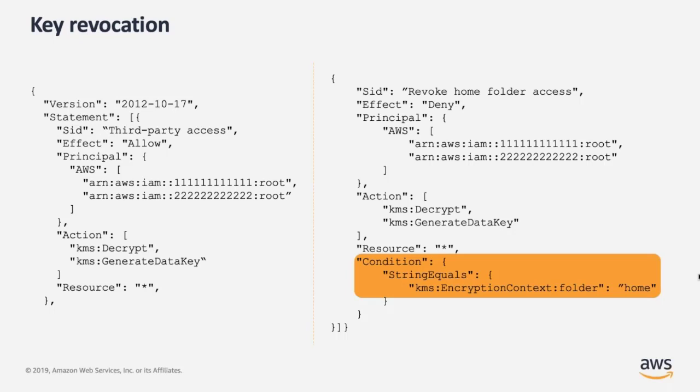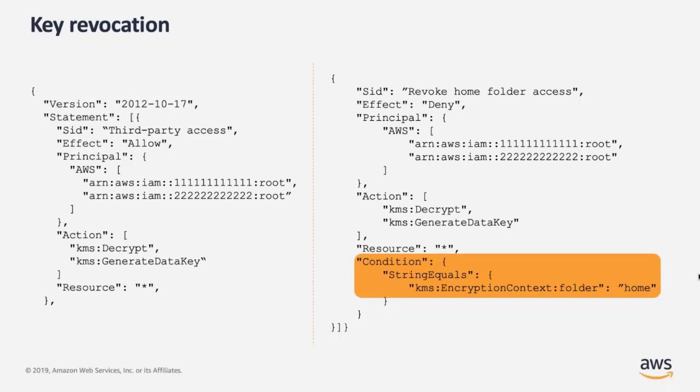The idea of encryption context is when you create the data key, you put encryption context with it, and then when you decrypt that data key later, you send an encryption context, and it needs to match the original encryption context, or KMS won't allow you to get a plain text data key from it. So in this case, we're only looking for keys where the folder encryption context had a value of home.